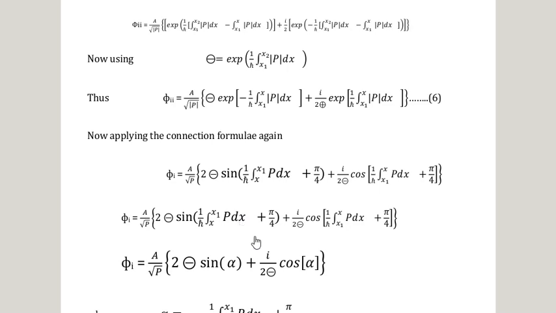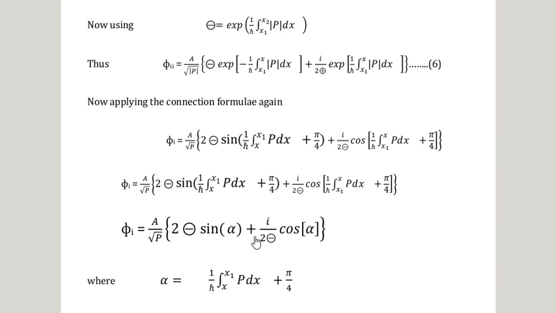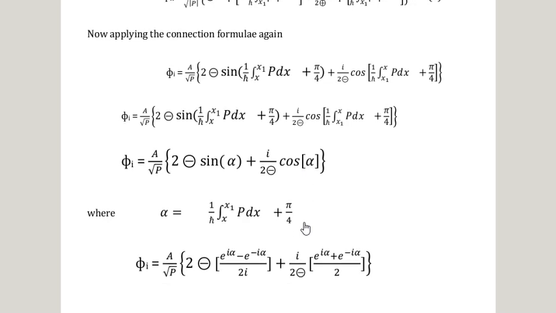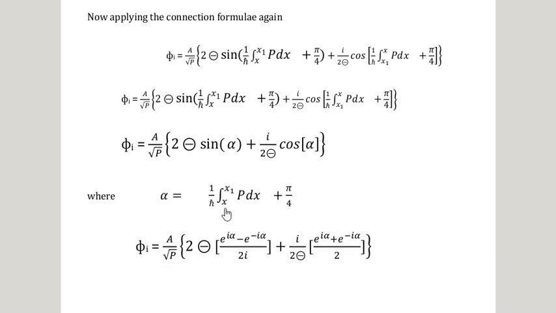Assume as alpha, then we will get 2 theta sin alpha plus I by 2 theta cos alpha, where alpha is 1 upon h cut x to x1 p dx plus pi by 4.